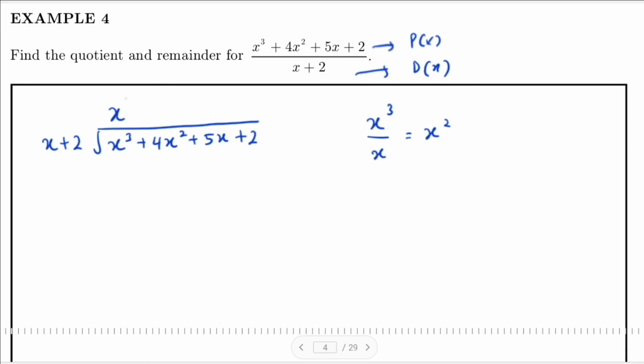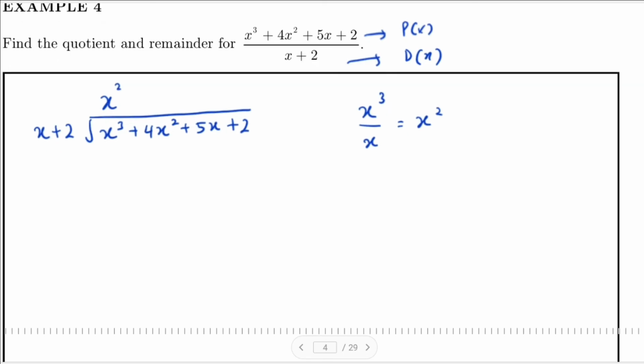We know that x squared multiplied with x will give us x cubed, and x squared multiplied with 2 will give us 2x squared. Then for this one we get 0. 4x squared minus 2x squared, we have 2x squared.